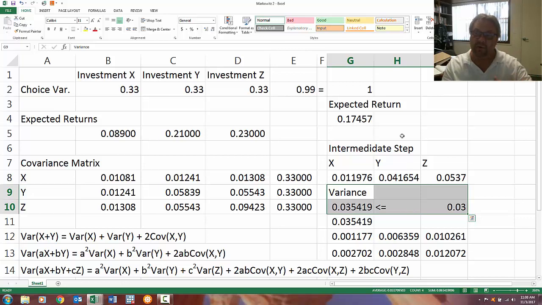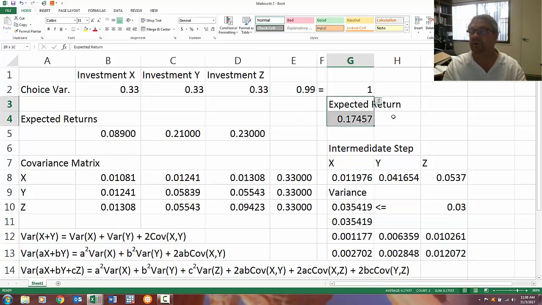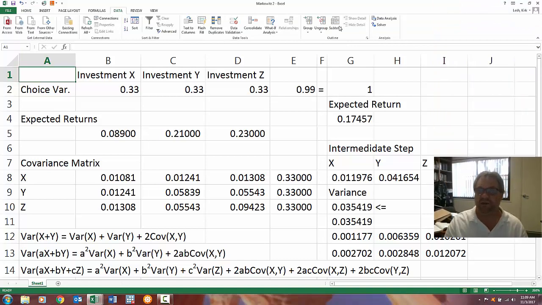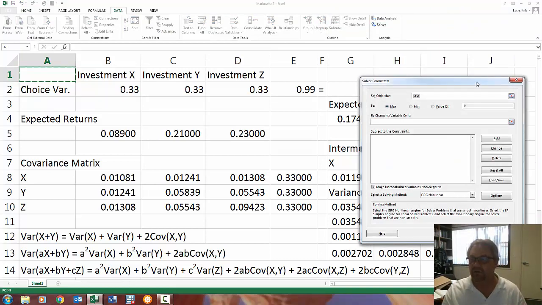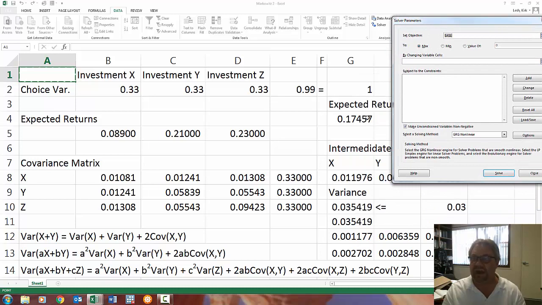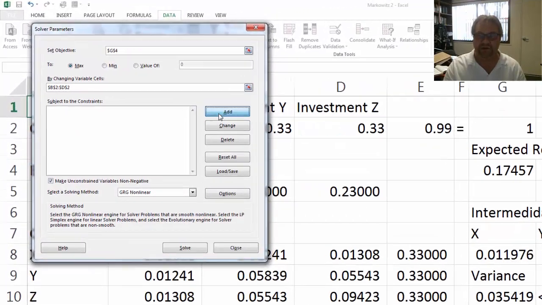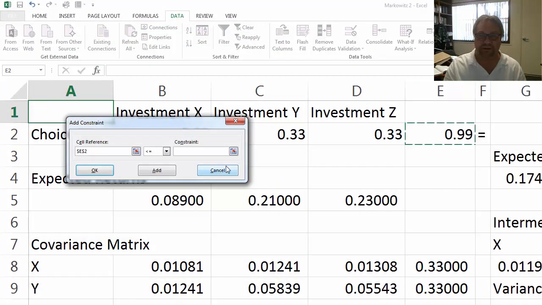Now, in a minute, I'm going to minimize my variance. When I minimize my variance, I'm going to have this constraint, and then I need to put a constraint in for the expected return. All right, so let's maximize the expected return. I'm going to go into Data, Solver. I want to maximize my expected return by changing these three cells, subject to this has to equal 1.